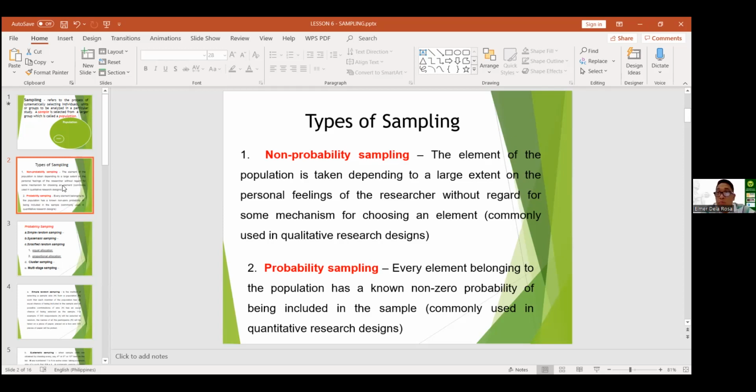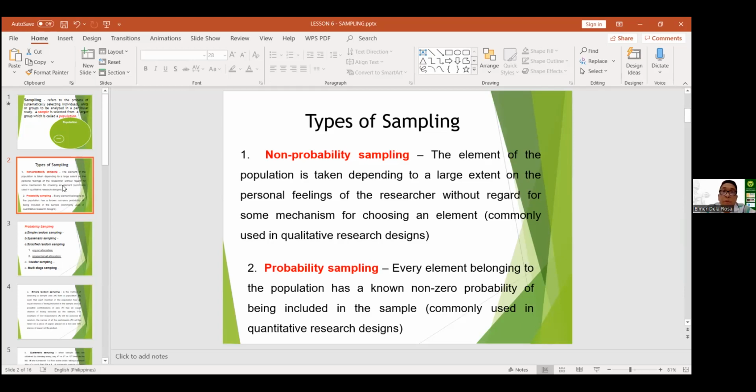Hindi mo pwedeng i-random yun, di ba? Out of the population, you cannot randomly select people and then magiging sample mo siya. Hindi naman niya pinopossess yung characteristics na kailangan mo sa iyong target population. So for qualitative research, for example, ethnography, hindi ka pwedeng mag-probability doon dahil these are special groups of people.